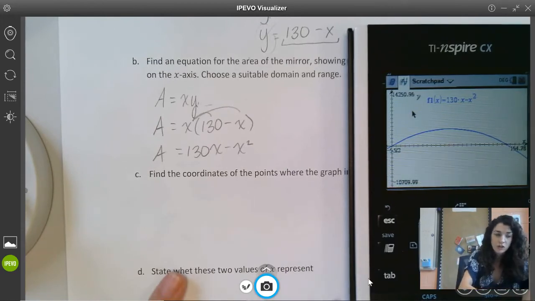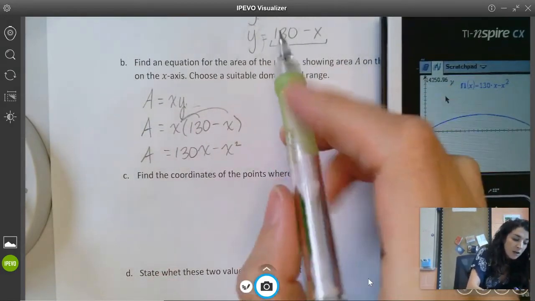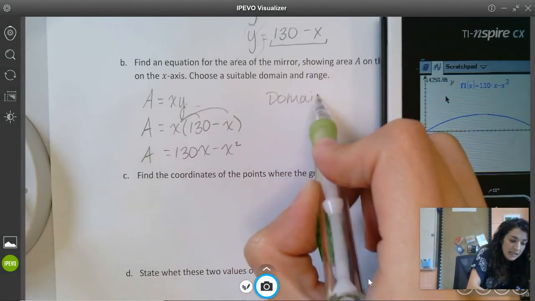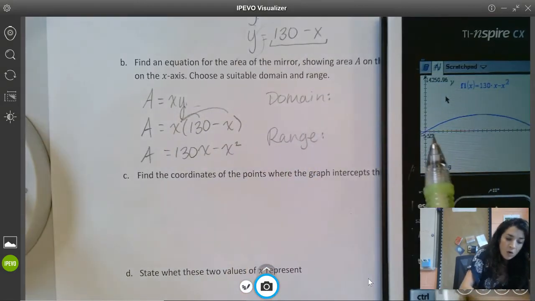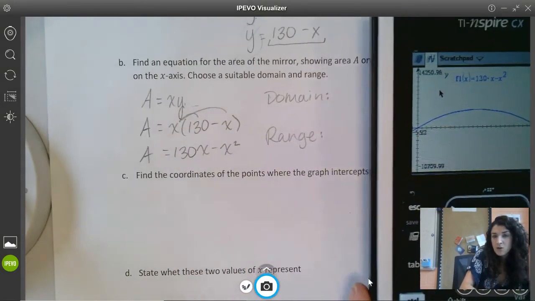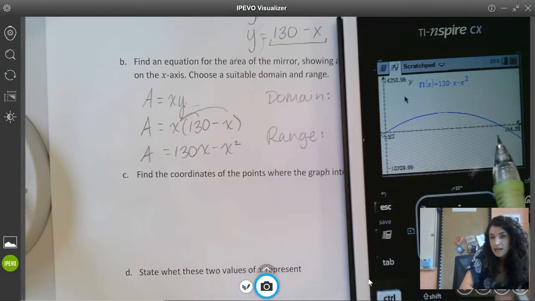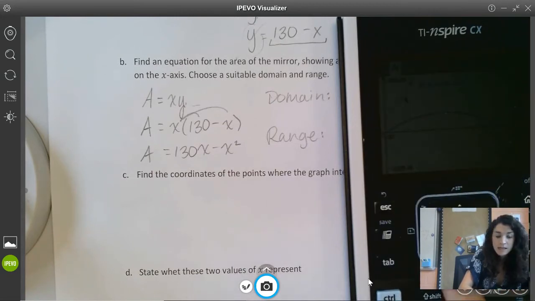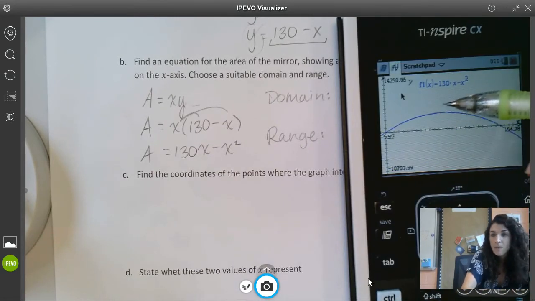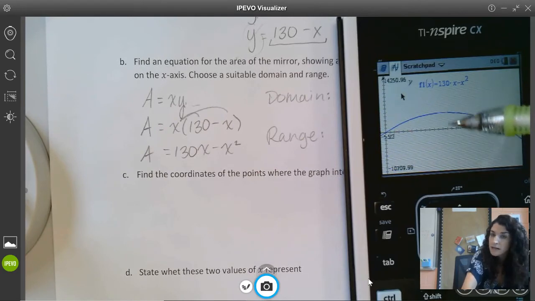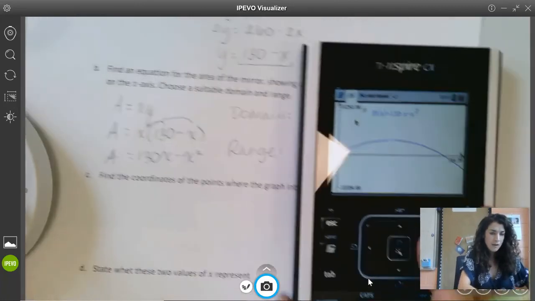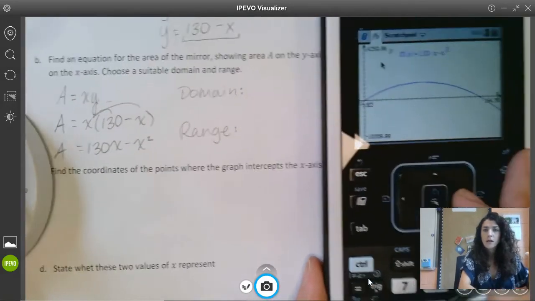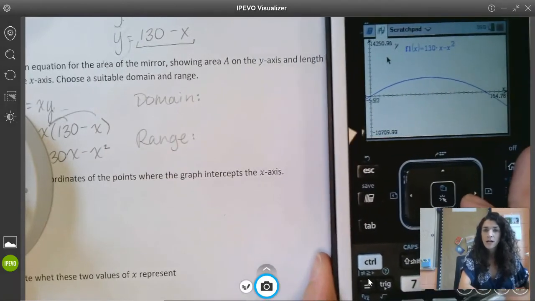For the domain, I also need to take into consideration that my area can never be negative. So I need to figure out where I am in between for the domain. I can start at 0 and I can go to here, whatever makes that area 0 over here. So that's going to be the domain that I'm living in. And for my range, I just can't go above here and I just can't go into the negative. So I need to find out what those restrictions are. Go ahead and try that on your own. I have faith that you can find out what those values are. But if you are lost, give it your best try and we'll talk about it.